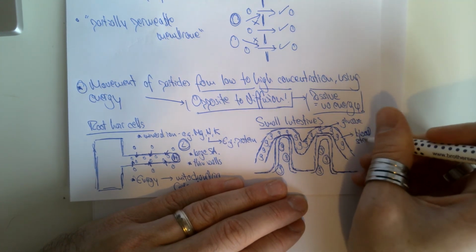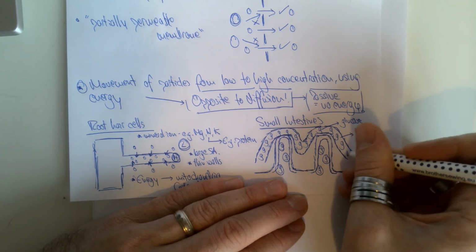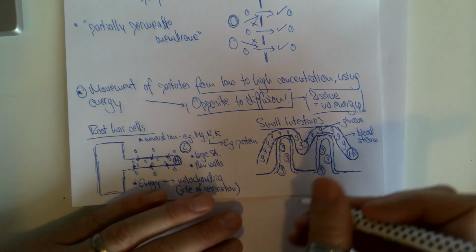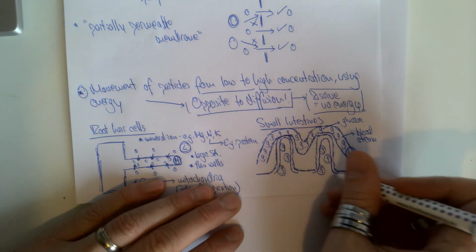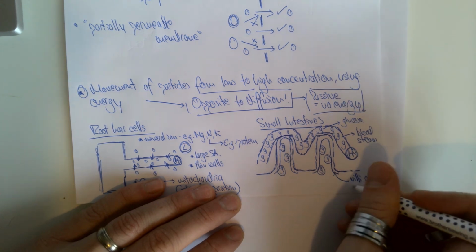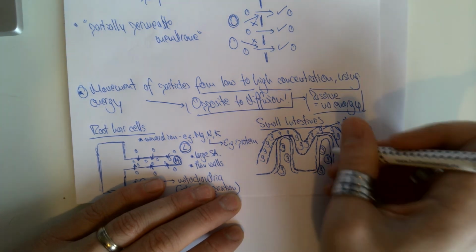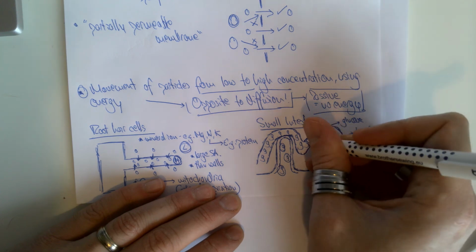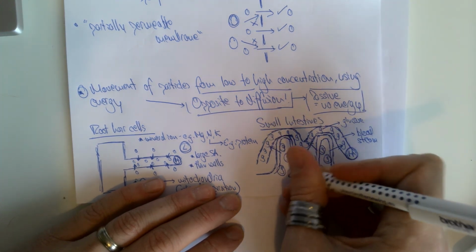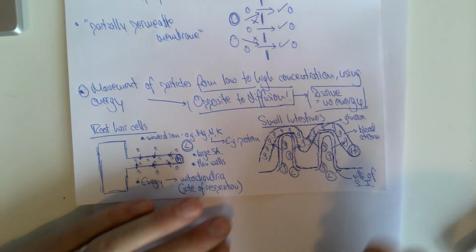Now, we've got high concentration. The only way for the glucose to get from the villi of the small intestines out into the bloodstream is by active transport.